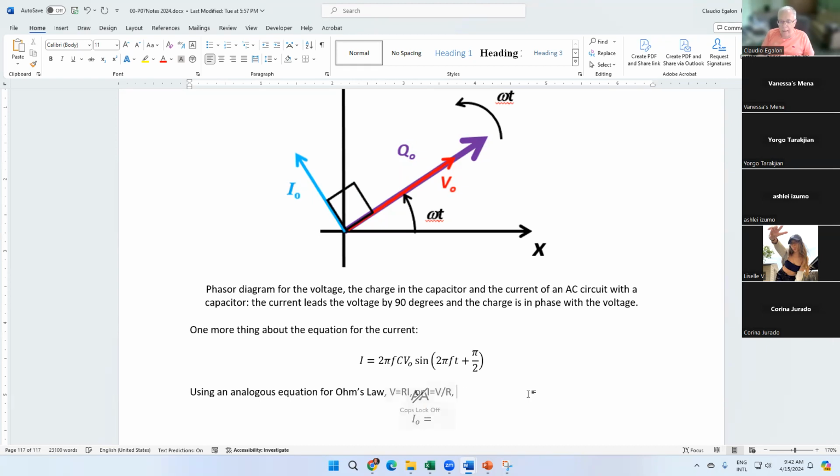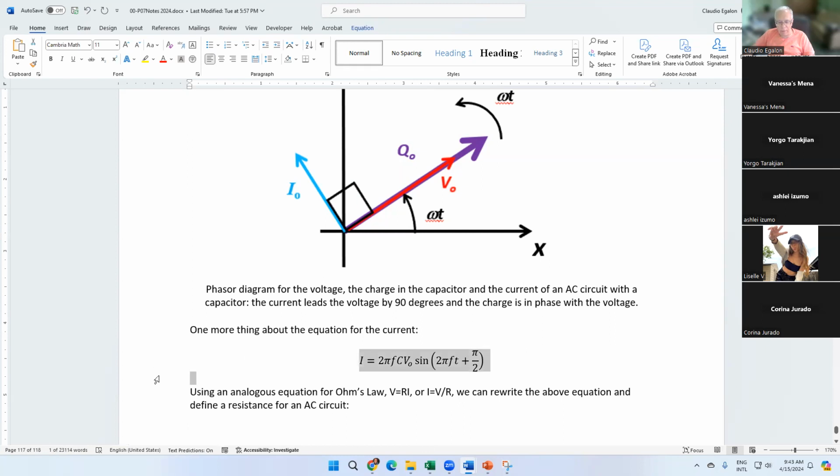We can rewrite the above equation and define a type of resistance, a resistance for an AC circuit. We can rewrite it like that.